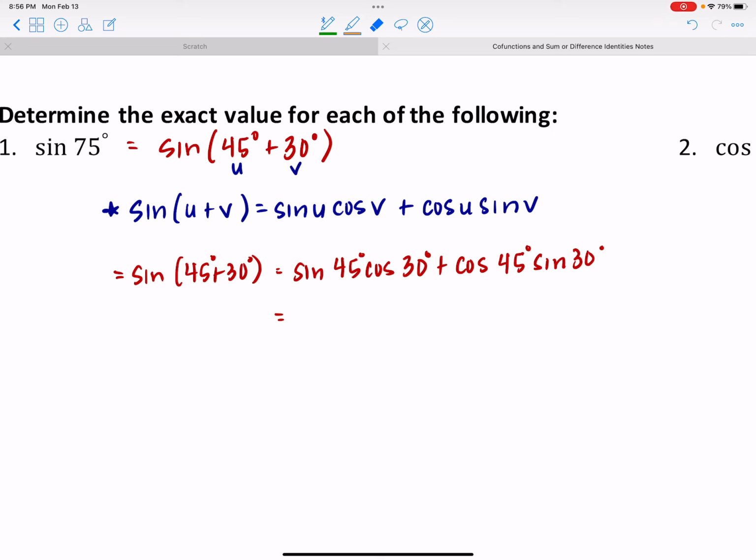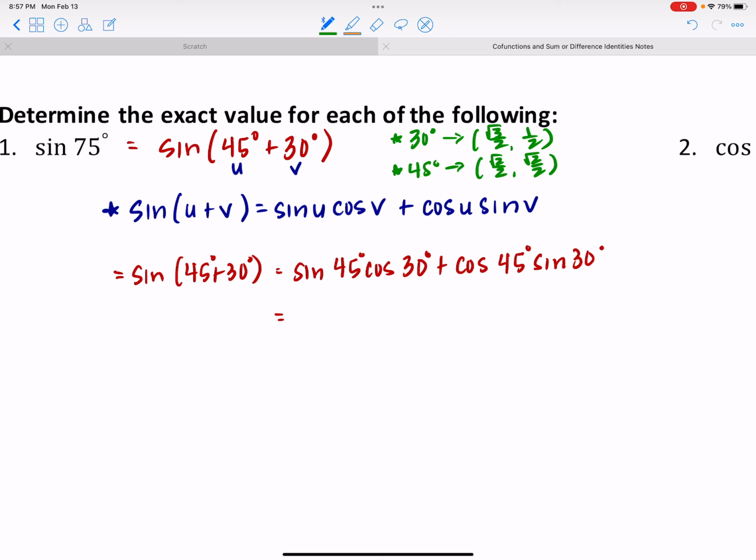On the unit circle, our 30-degree angle intersects at, remember this is all in your left hand too, if you're using the hand trick, the 30-degree angle intersects the unit circle at radical 3 over 2 and 1 over 2. And the 45-degree angle intersects the unit circle at radical 2 over 2 and radical 2 over 2. So I put the picture on the notes for you, but hopefully we're not needing that.